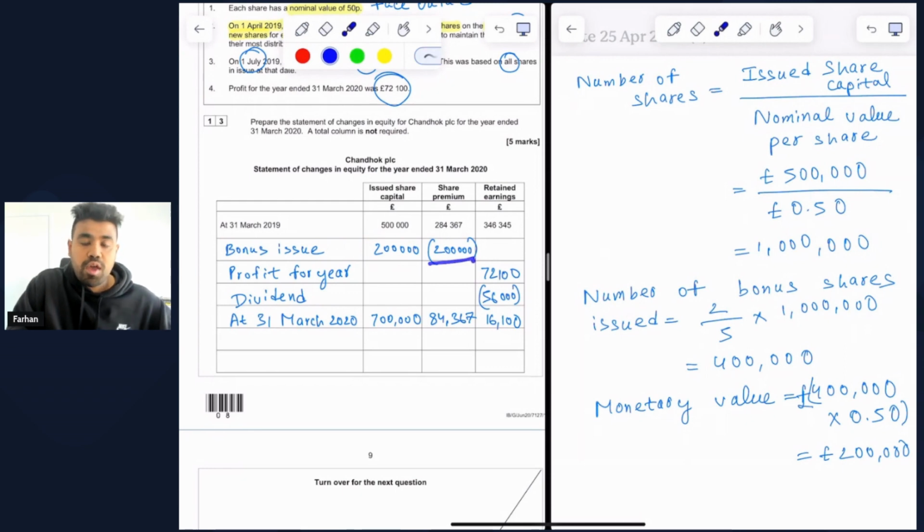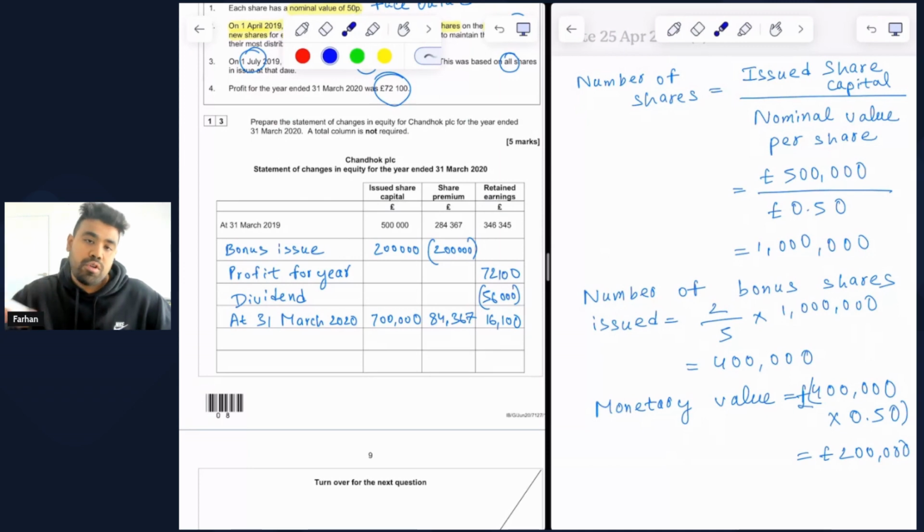Why is that so? If the bonus shares have to be issued, they have to be always issued from the share premium. So bonus shares are issued to the existing shareholders, and the share premium is a reserve account, which is mainly kept aside for purposes like issuing bonus shares or taking care of any extraordinary circumstances that may happen in the business operations throughout the year.